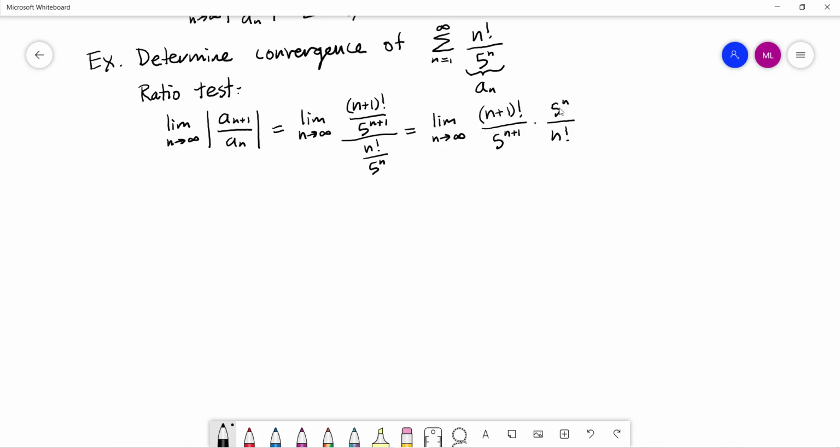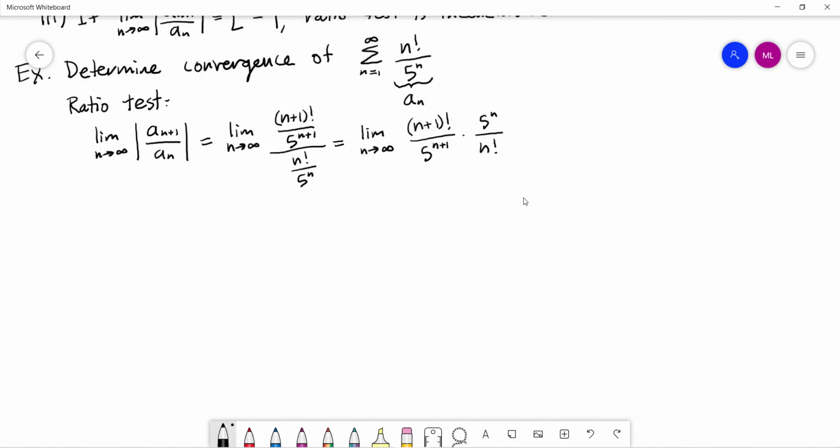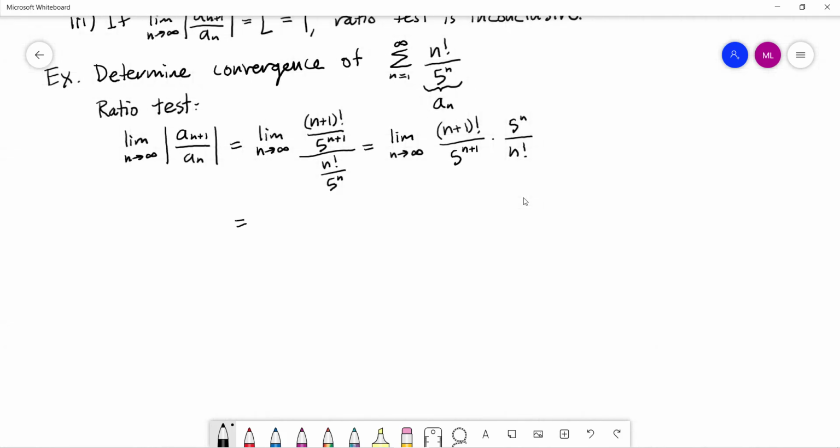If I have 5 to the n, this just means 5 multiplied by itself n times. Down here I have 5 to the n plus 1. That means 5 multiplied by itself n plus 1 times. I can cancel all but one of the 5s. So all the 5s on top will cancel with almost all the 5s on the bottom, leaving me with just this one remaining 5.